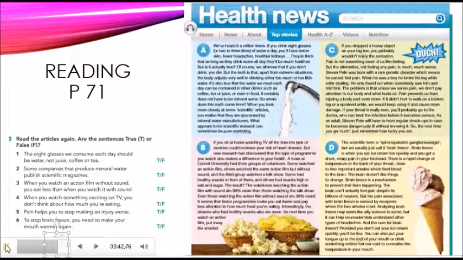D. The scientific term is sphenopalatine ganglioneuralgia, but we usually just call it brain freeze. Brain freeze is when you eat ice cream too quickly and you get a short, sharp pain in your forehead. There is a rapid change of temperature at the back of your throat, close to 2 important arteries which feed blood to the brain. The brain doesn't like things to change. Brain freeze is a mechanism to prevent that from happening.